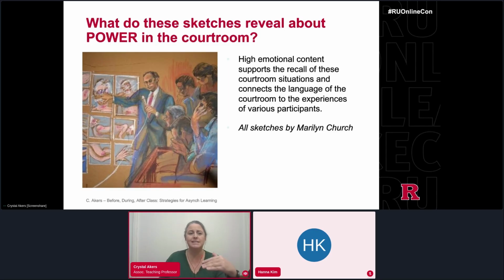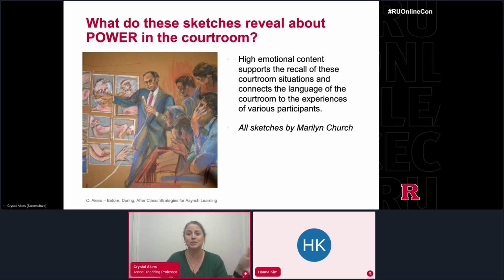And we can see that someone has the power to talk, someone has the power to present evidence, and certain other participants don't have that power. They have to receive this information, right? They can't choose. So we're linking visual imagery to content that would be part of the instructional material, and we're adding in that emotional charge to make this content easier to retrieve in the future.